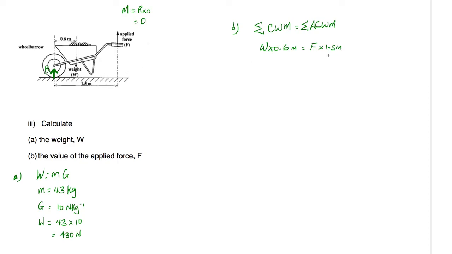So looking at this equation, we can go ahead and solve for F because we know what W is. So let's substitute W. W is the weight. So the weight is 430 newtons. So that's 430 times 0.6 is equal to F times 1.5.